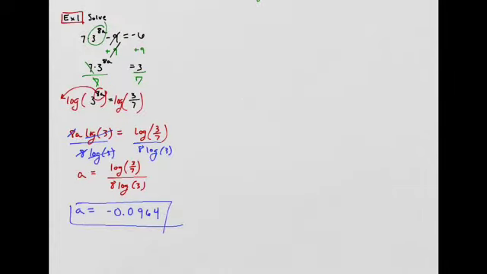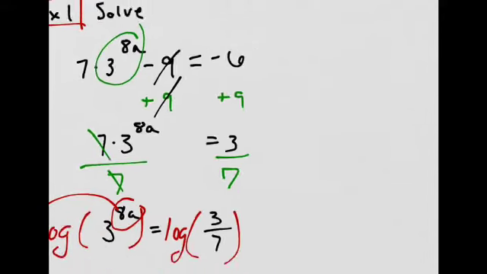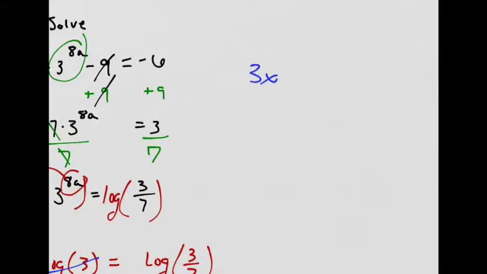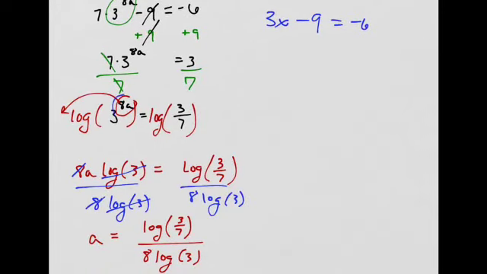So let's recap the steps. First, I got the 9 over, because if I were to solve 3x minus 9 equals negative 6, I would get the 9 over. That's what I'm doing here. I'm pretending like this is what I have circled over there. So get the 9 over, and then divide by 7. And then I took the log of both sides so I can take out the exponent.